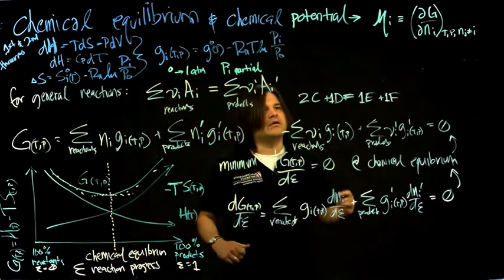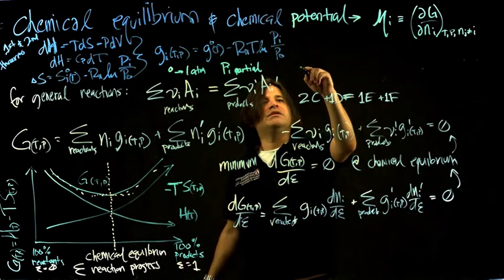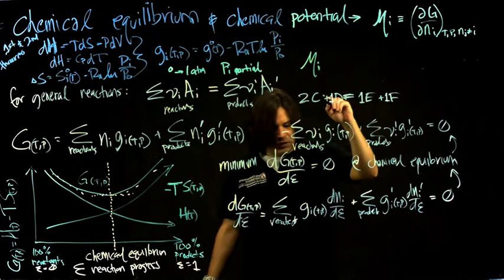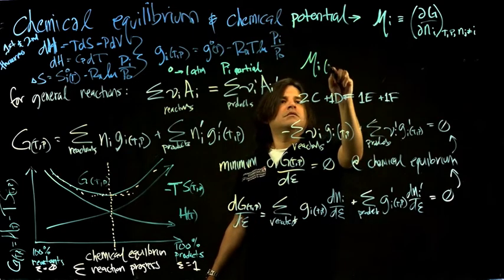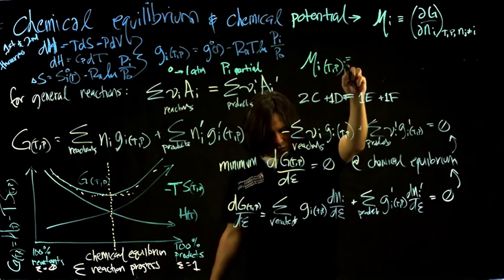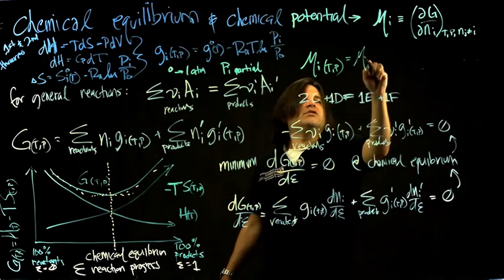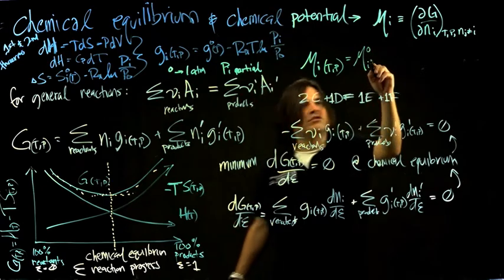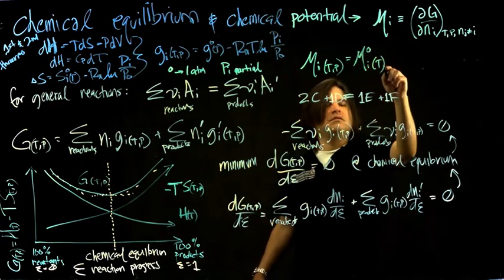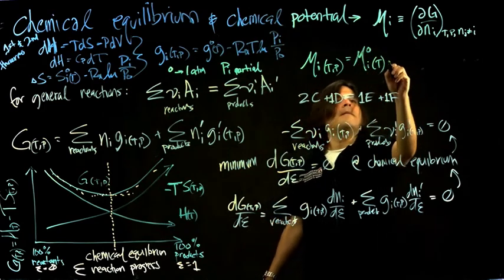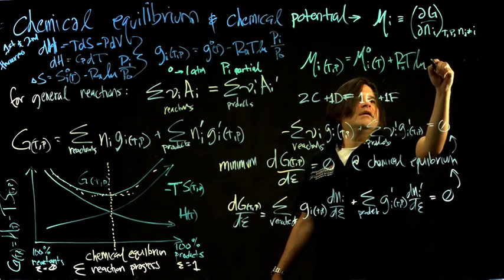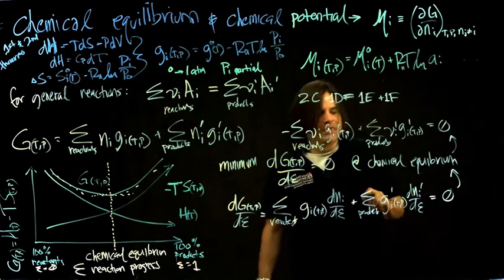You can do a similar expression for the chemical potential to say that if this is in your mixture, the chemical potential of that one component is related to the standard potential at 1 atmosphere that you can find in a table, and at some reference temperature, plus RT ln of this chemical activity.